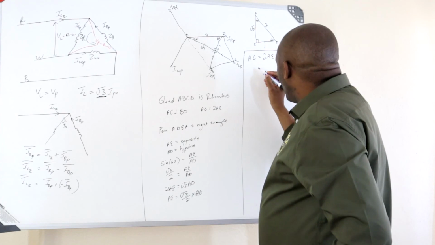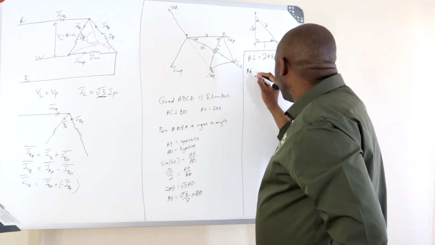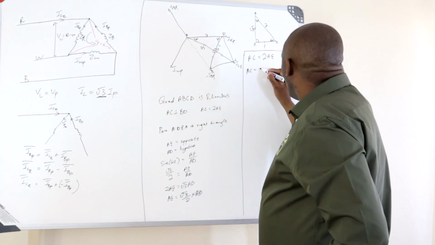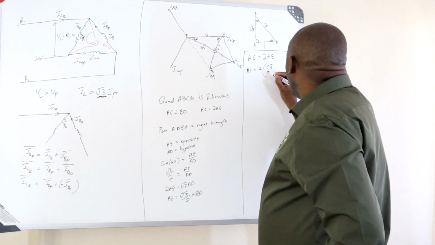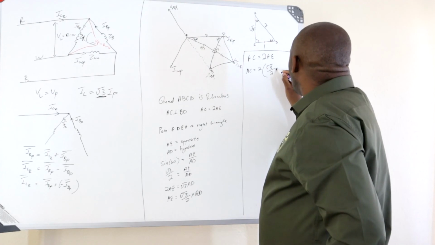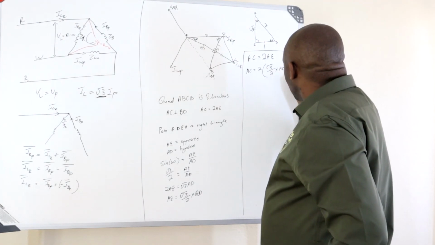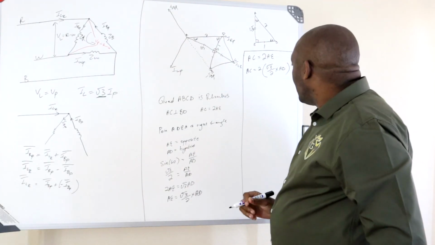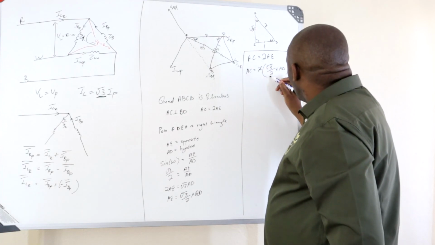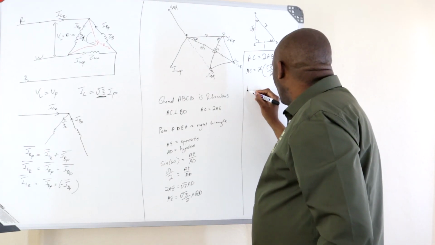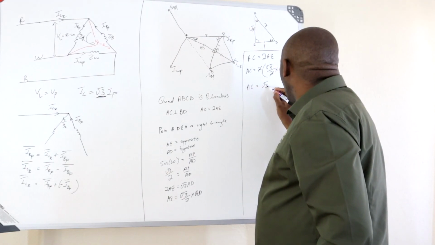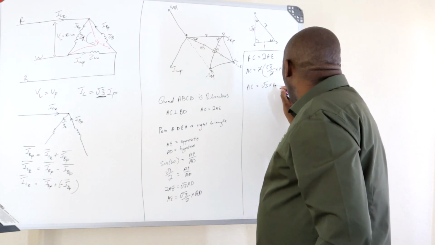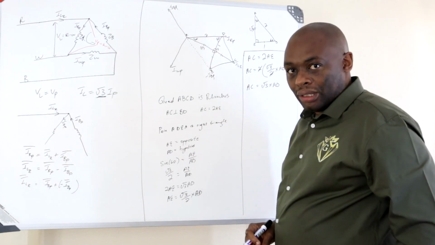Now we substitute your AE, it will be AC is equal to 2 in brackets square root of 3 over 2 multiplied by AD. Then your 2 and this 2, they cancel. We are left with AC is equal to the square root of 3 multiplied by AD.